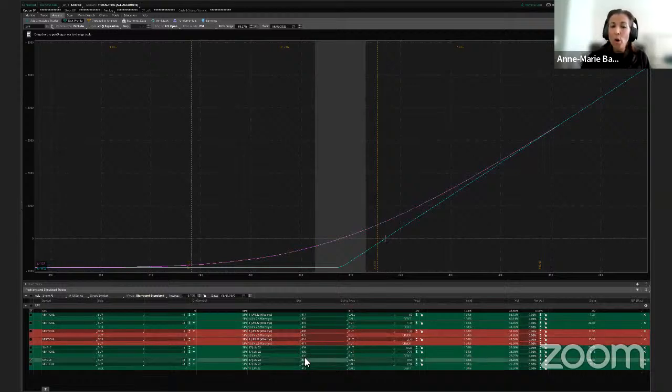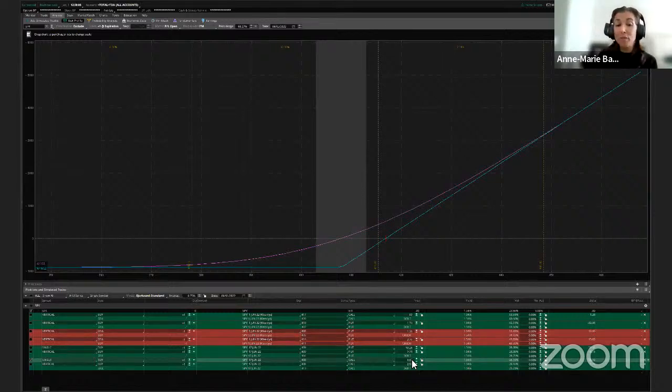Well, 408 is the strike you bought, but you paid $8.90 for it. So you paid almost $9. So you have to go all the way up to start making money here, right?